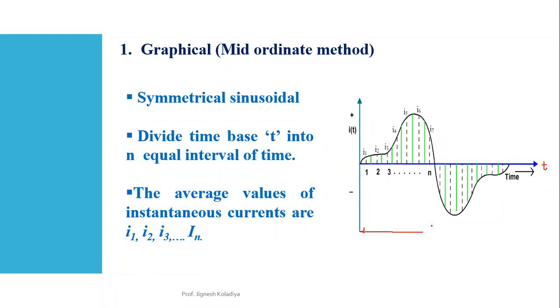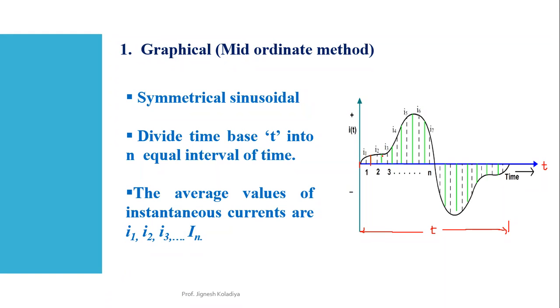So you can see, let me take this as the time period t. Here my waveform ends, so up to this, the time period of the waveform is t. Now, from 0 to this green line, this is my first interval.